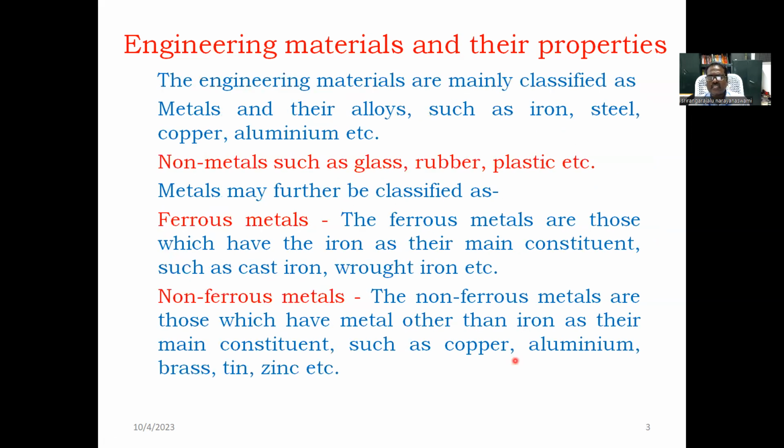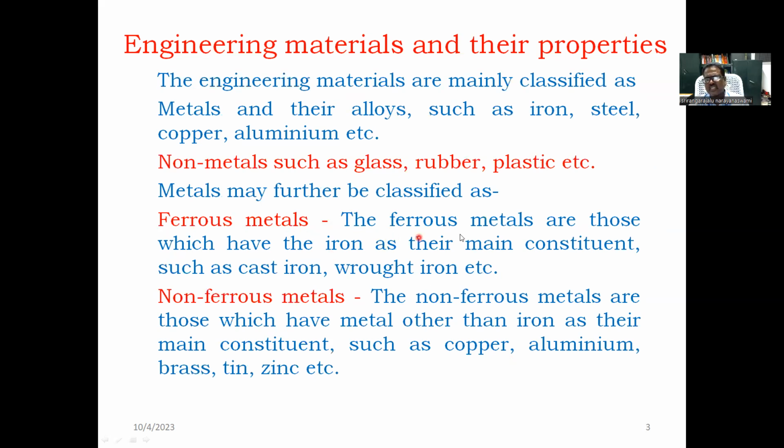The engineering materials are mainly classified as metals and their alloys, such as iron, steel, copper, aluminum, etc., and non-metals such as glass, rubber, plastics, etc. Metals may further be classified as ferrous materials and non-ferrous materials.